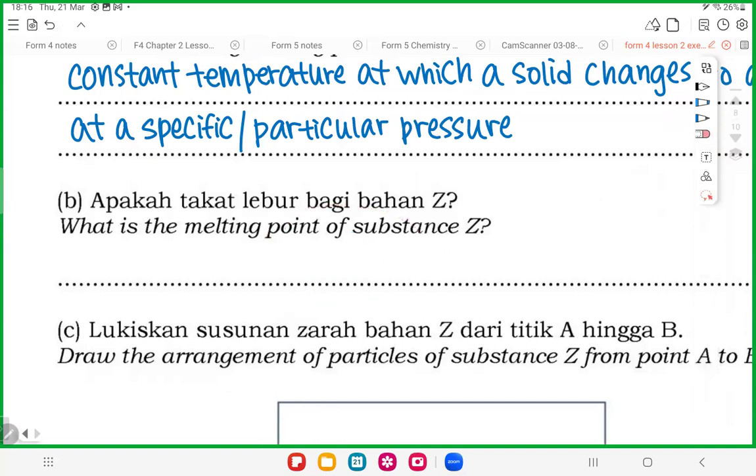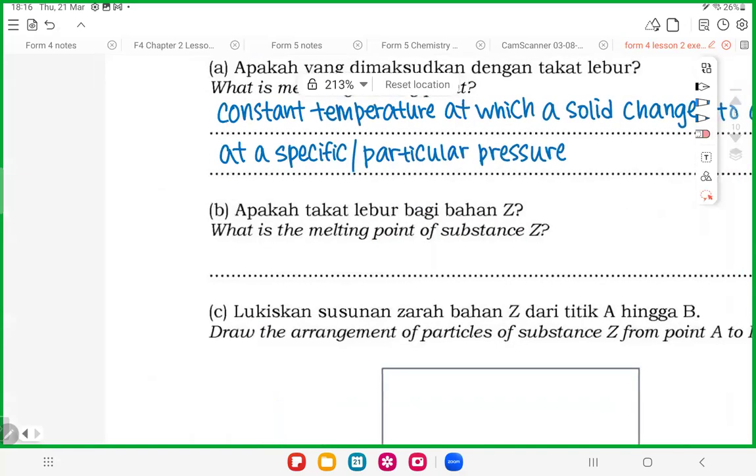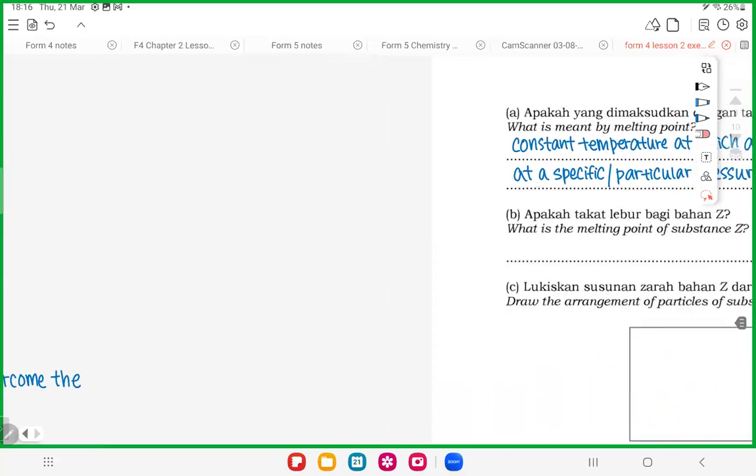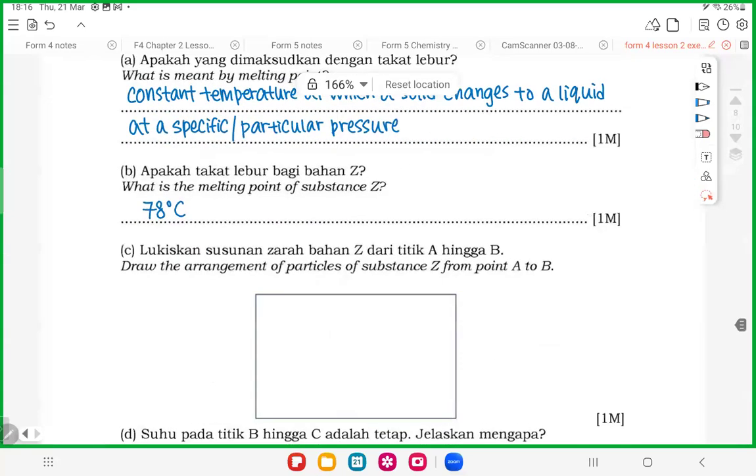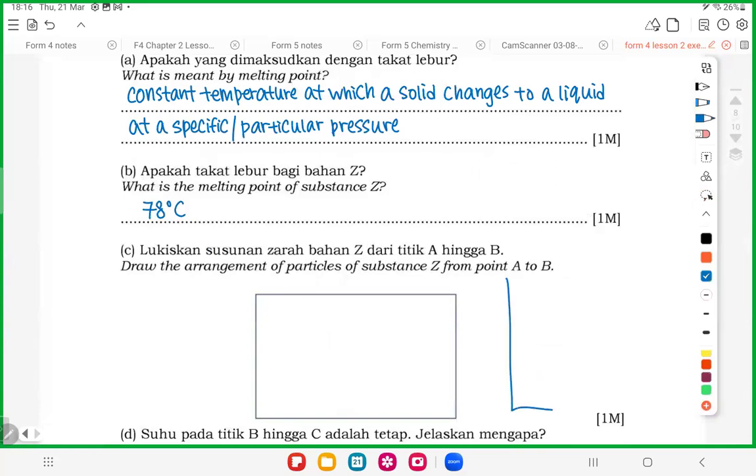So as a science student, not only for chemistry, including physics, including biology, you always need to put the unit. Because if you don't put the unit, I don't know what you're talking about, isn't it? For example, if you ask me, sir, what is the height of the building?